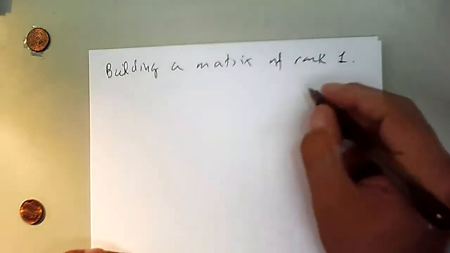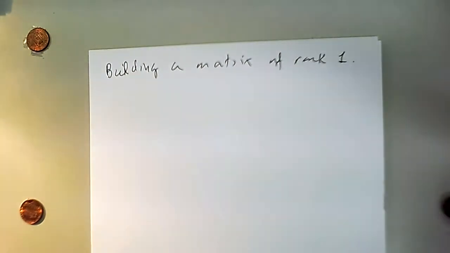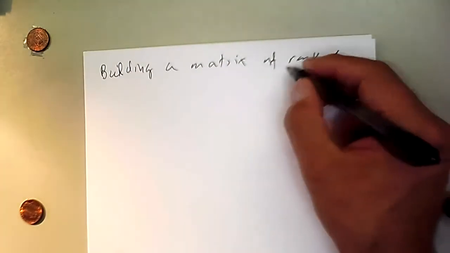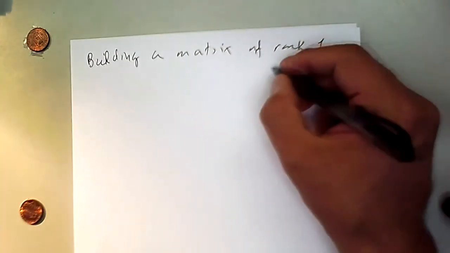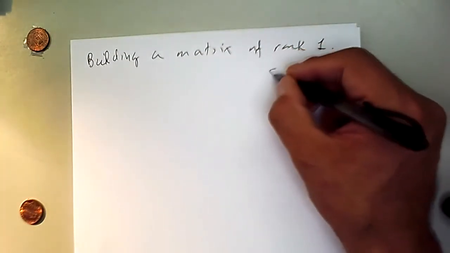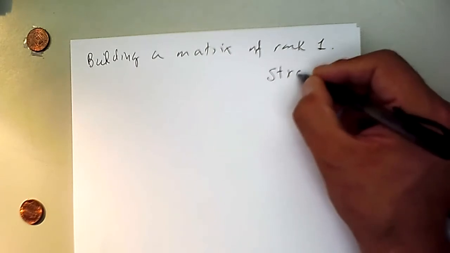And I read this, I didn't come up with this myself. I read this in a book by Strang. So I don't know if he came up with it, but I just read it there, and so I just want to give credit to where I read it.